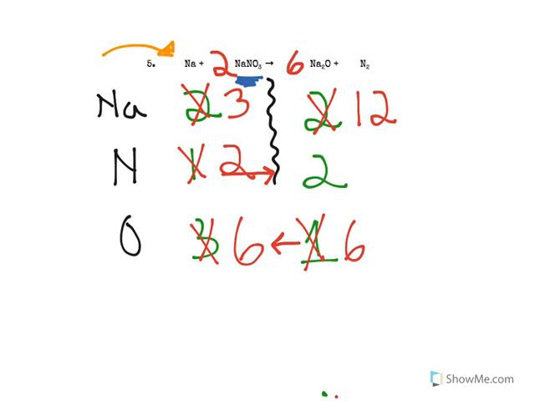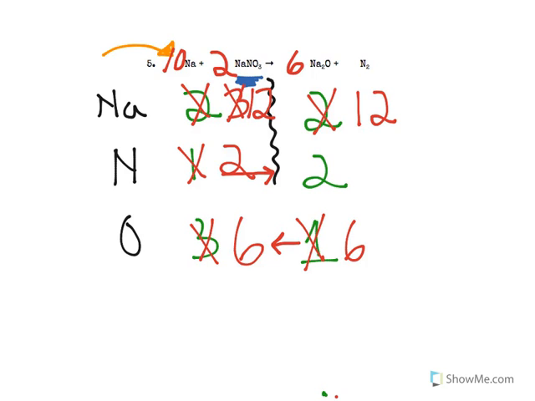If I stick with putting a 2 in front of the NaNO3, I can put a 10 here. If I put a 10 here, that brings my sodium count up to 12 because I would have 10 sodium from the 10 Na, and 2 from the 2 NaNO3.